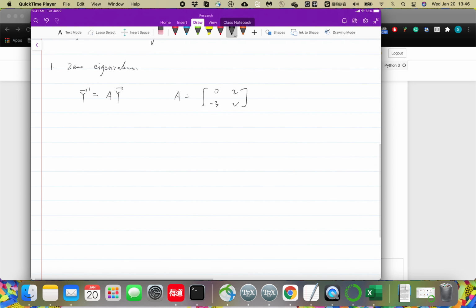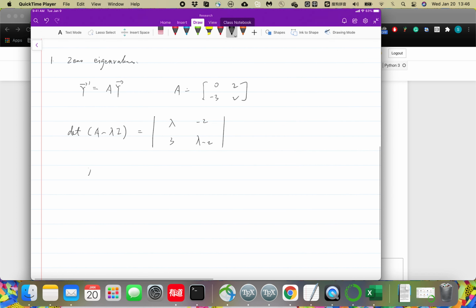Okay, very quick computation. We have determinant of A minus lambda I equals lambda minus 2, negative 2, positive 3. Should not be this case. Should take out the right thing. Oh, negative 3, 1, 3, negative 1.